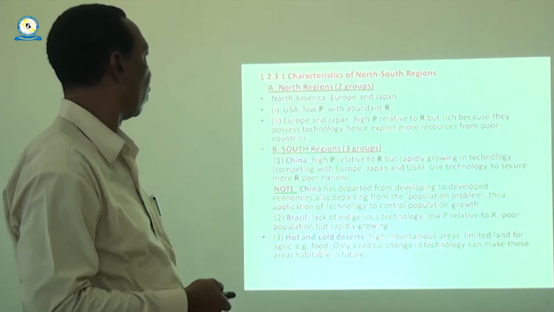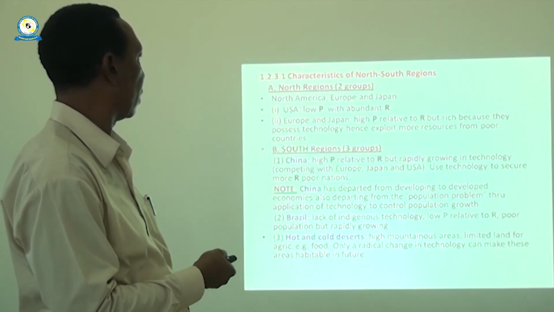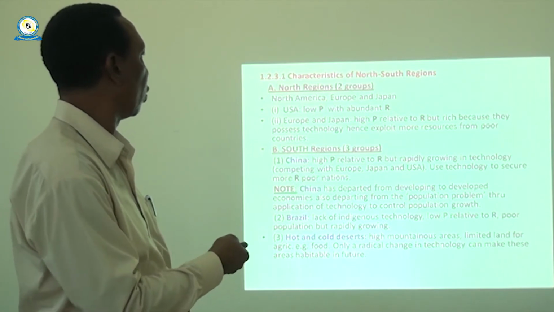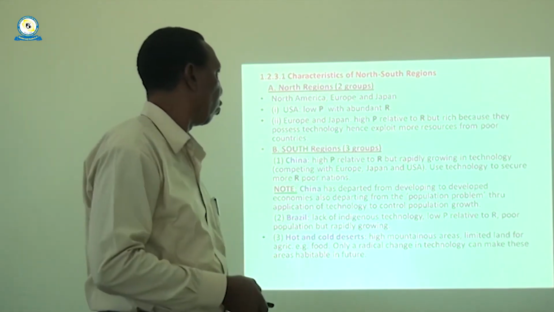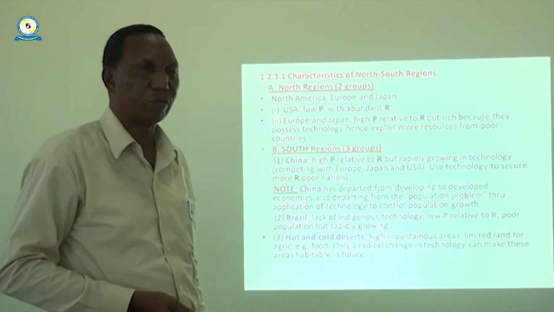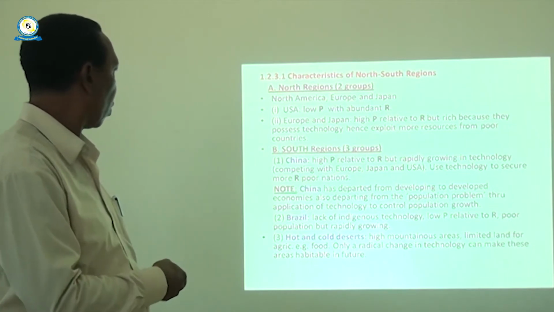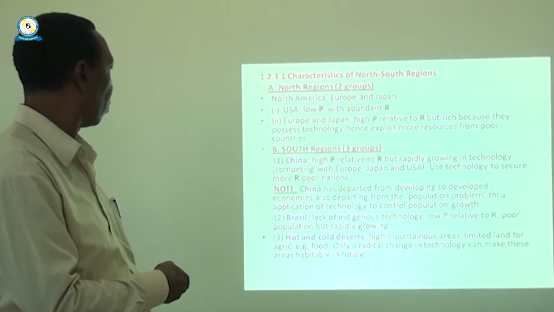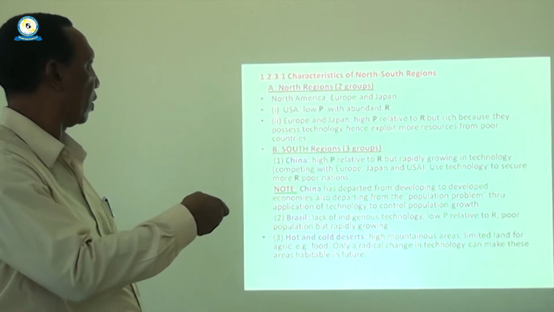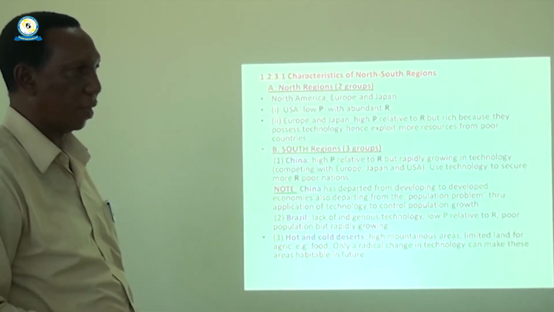They have relatively high population compared to resources, but they are rich because they possess technology, hence exploit more resources from poor countries. So that's the North. To the South, again, you have some subdivisions. Some are a bit advanced, some are a little bit lagging behind.